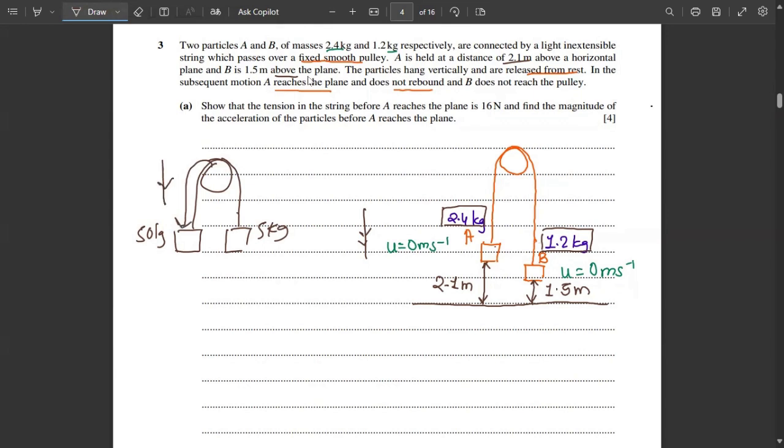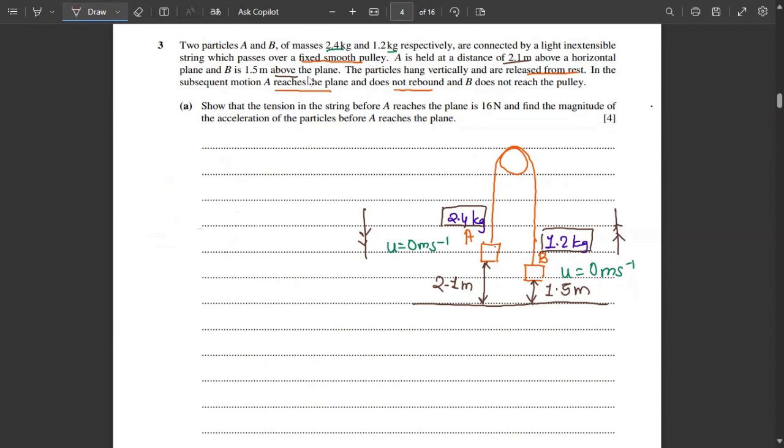The pulley will fall in this direction. Same, this is 2.4 kg, and because 2.4 is greater than 1.2 in our mathematical world, particle A will fall down and particle B will come up. So A reaches the plane and does not rebound. That means A will just stop here.